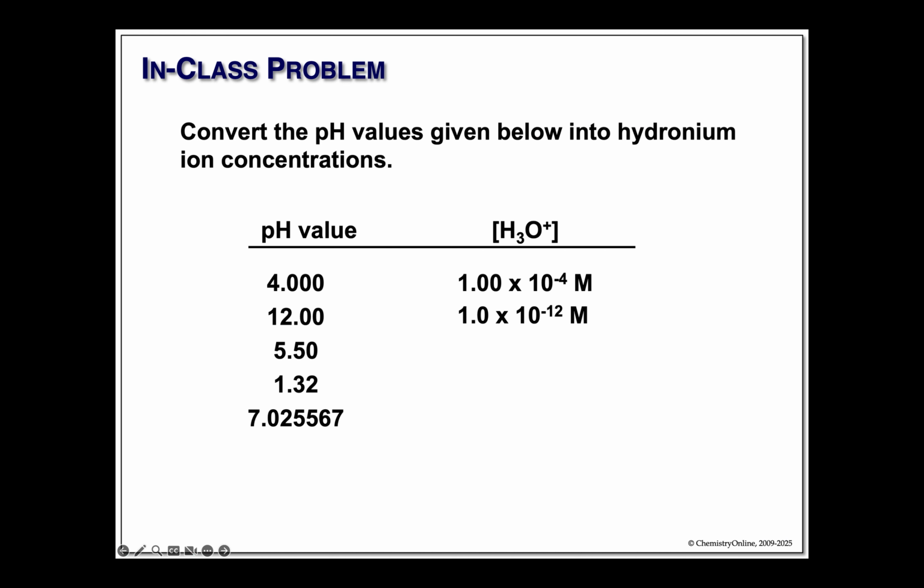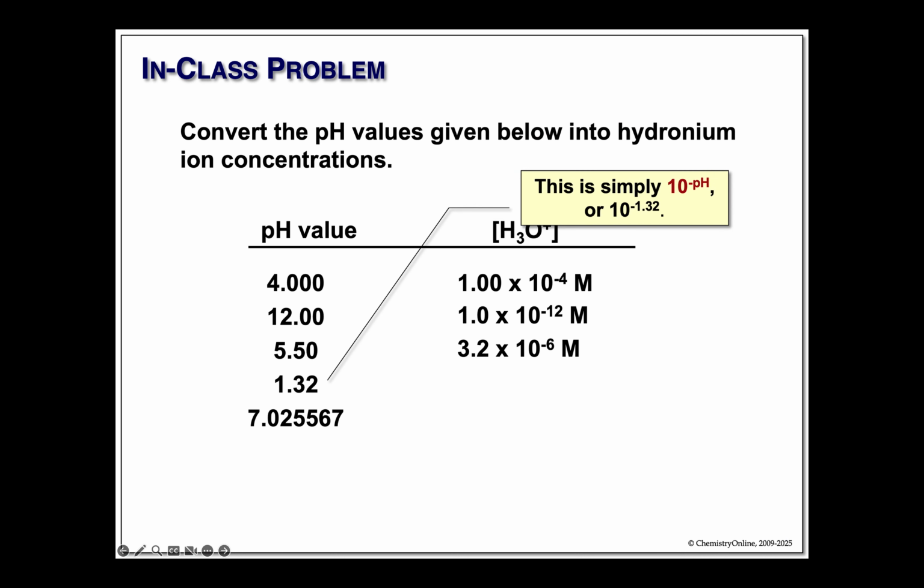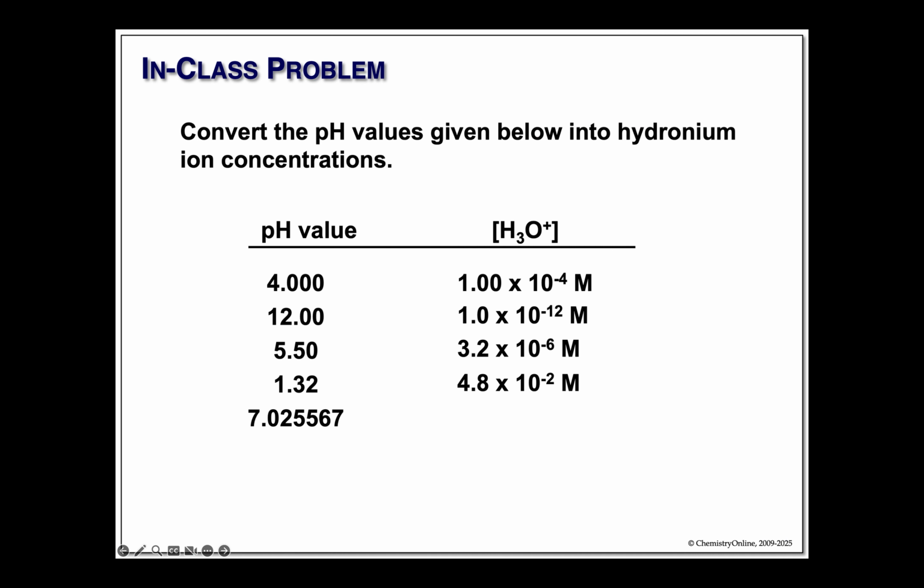Now, we need to figure out 10 to the minus 5.5. And it depends on your calculator. I would enter minus 5.5, hit 10 to the x, 3.2 times 10 to the minus 6. 0.32. Simply 10 to the minus 1.32. 3.8 times 10 to the minus 2.